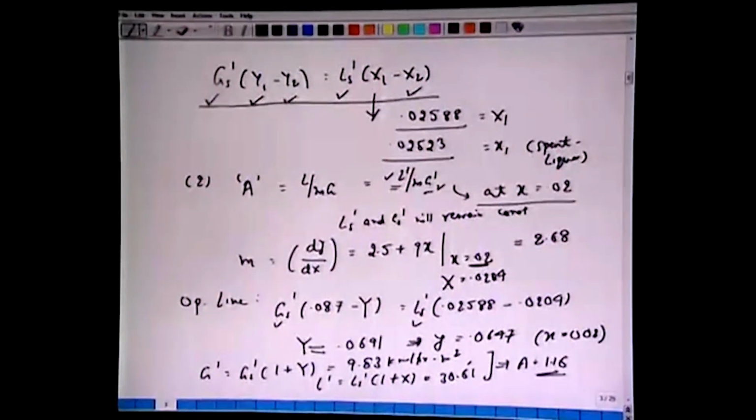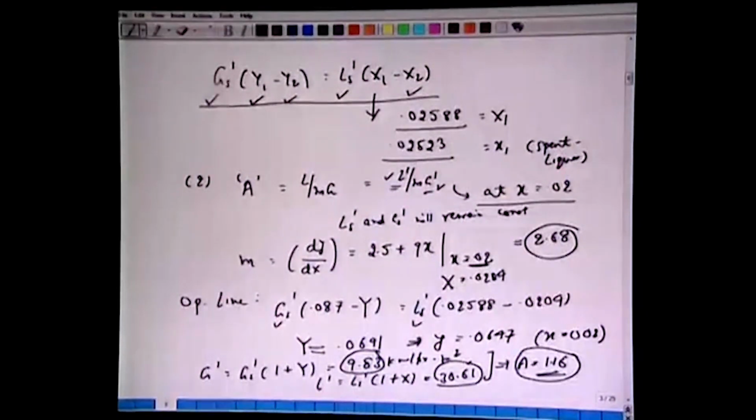So we have the absorption factor, knowing the slope of the curve 2.68, knowing L prime which we calculated as 30.61, and G prime 9.83, at this location where the mole fraction is 0.02, to obtain this absorption factor 1.16.